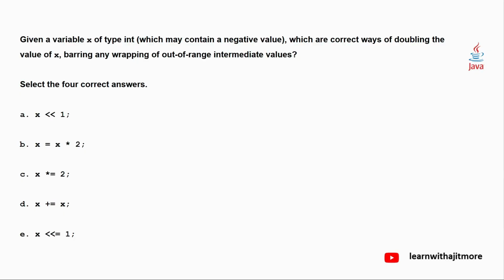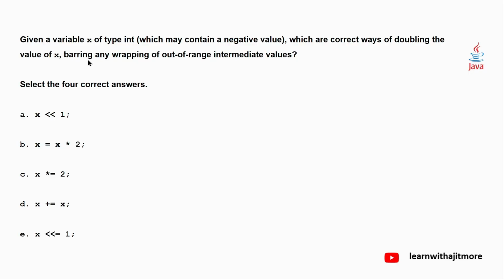Okay, coming back. So quickly this question, and then we will halt for today. We'll take a pause for today. Given a variable x of type integer, which are correct ways of doubling the value of x? Don't bother about loss or anything. If implicit casting is going to happen, don't worry.